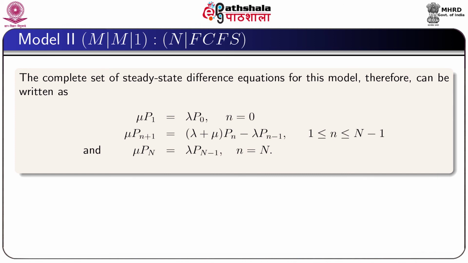and therefore, we get the complete set of steady state difference equations for this model as mu P_1 equal to lambda P_0 for n equal to 0, mu P_{n+1} equal to (lambda plus mu) P_n minus lambda P_{n-1}, where 1 less than or equal to n less than or equal to capital N minus 1, and for n equal to capital N, mu P_N is equal to lambda P_{N-1}.